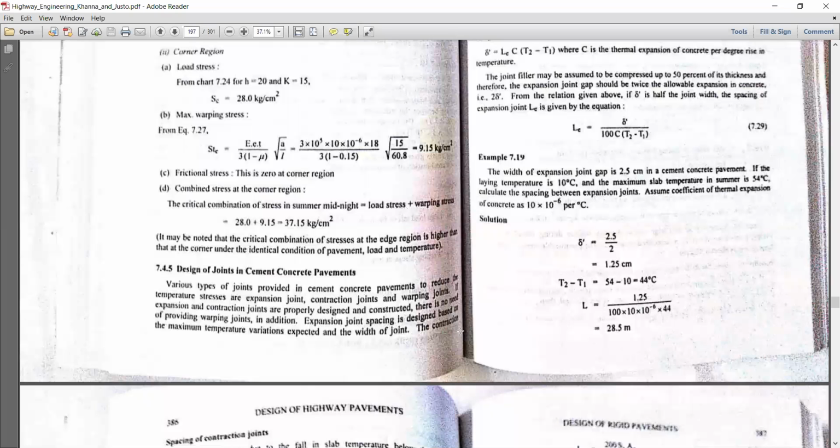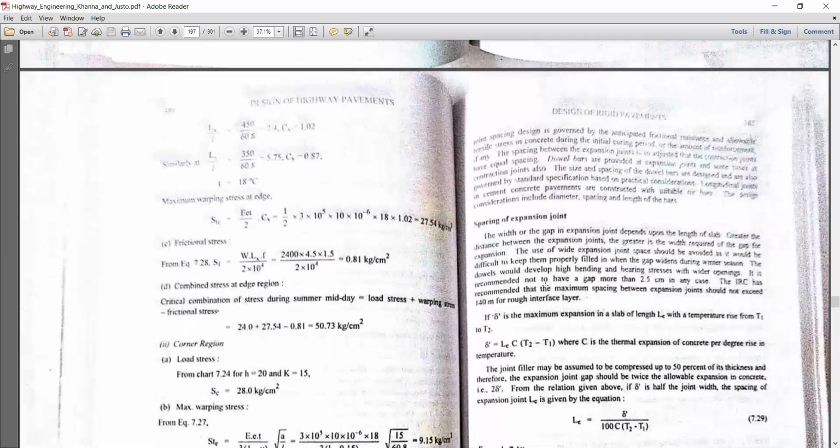If it is a hotter area where you experience maximum temperature, there is a need for more expansion joint spacing, and also more joint width. The contraction joint spacing design is governed by anticipated additional frictional resistance.